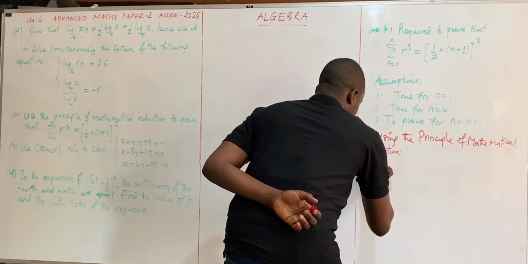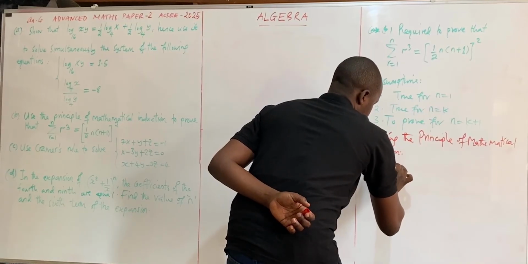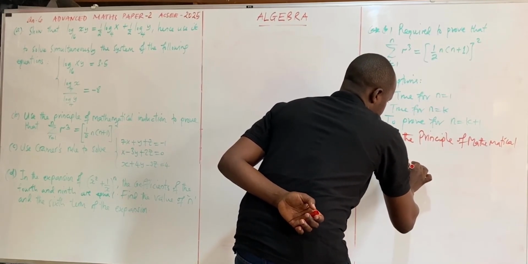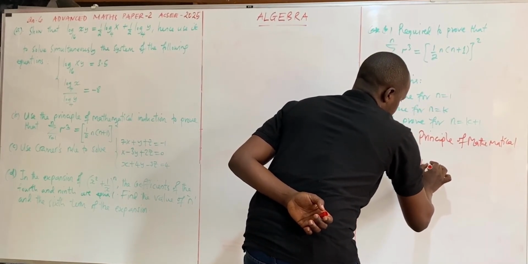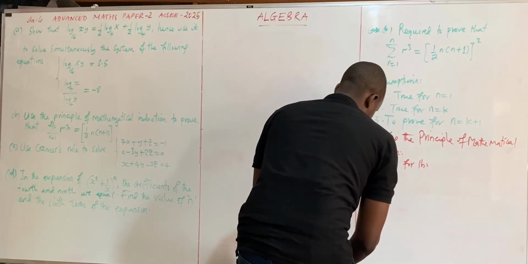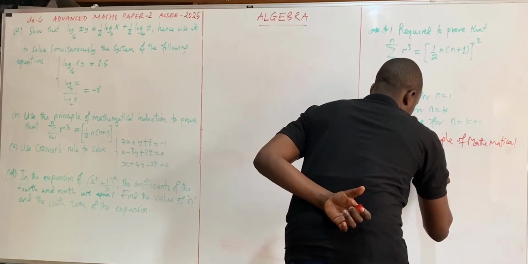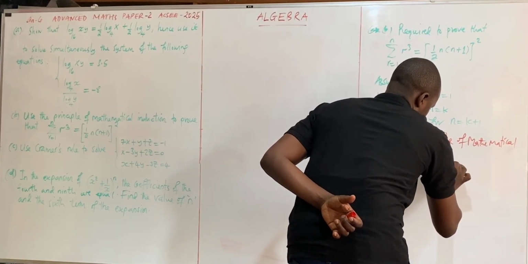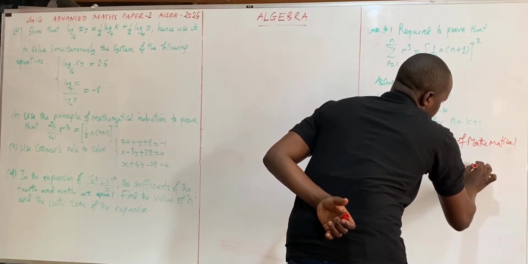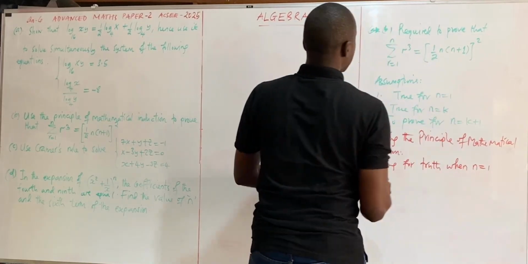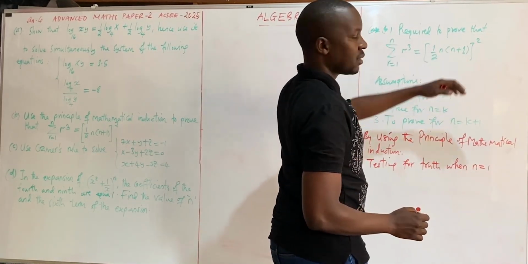Now, testing for truth when n equals 1. So here the left-hand side, the right-hand side.